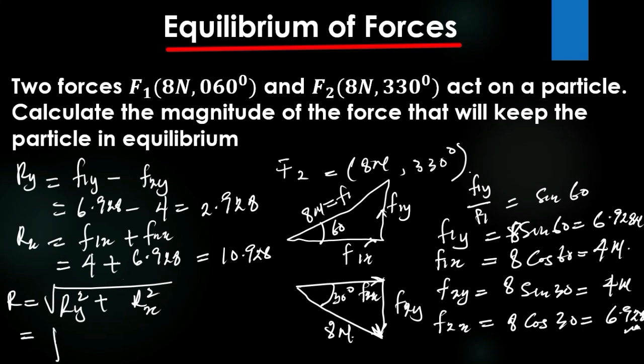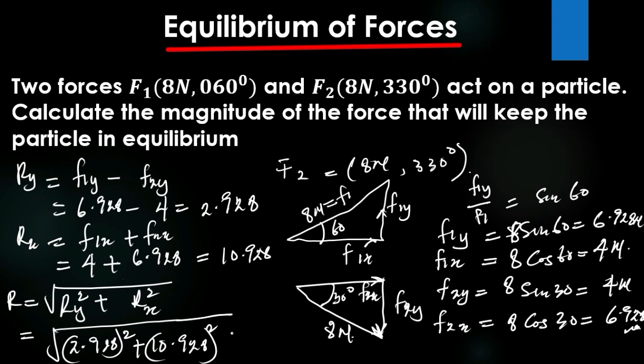That will be the square root of 2.928 squared plus 10.928 squared. If you use your calculator on this, you come up with 11.31 Newton. So the equilibrium force that will keep this particle in equilibrium is 11.31 Newton.